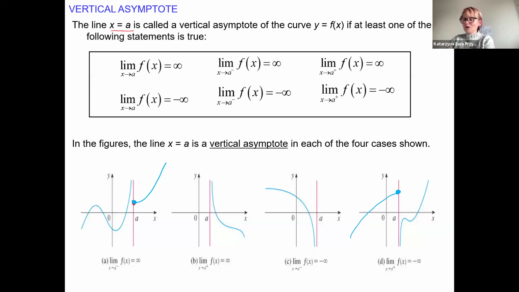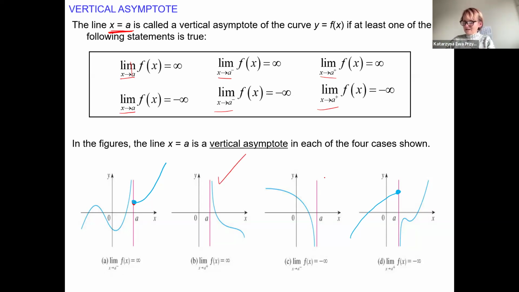We have to find the limit as x approaches a, which could be from the left, from the right, or from both sides. If these limits are infinite limits, positive infinity or negative infinity, this means we have this behavior like we just saw. The function will tend to approach that line.